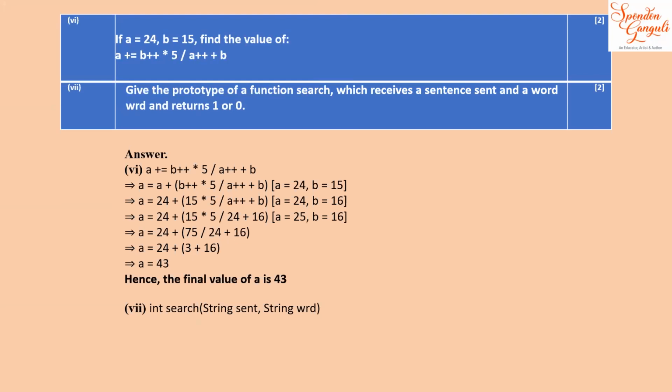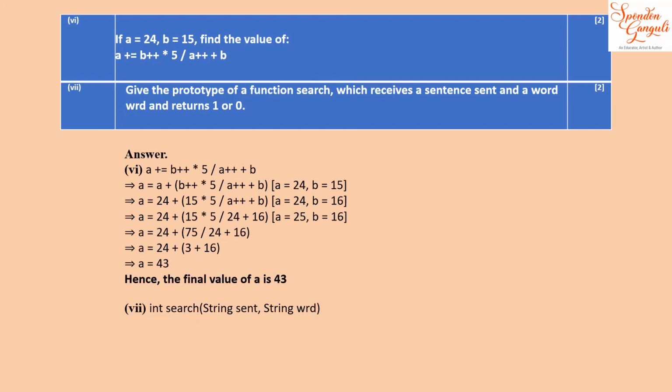Let us see the answer. You can go through the working for question number 6, where the final answer is 43. And the second one, question number 7, is int search(String sent, String WRD).